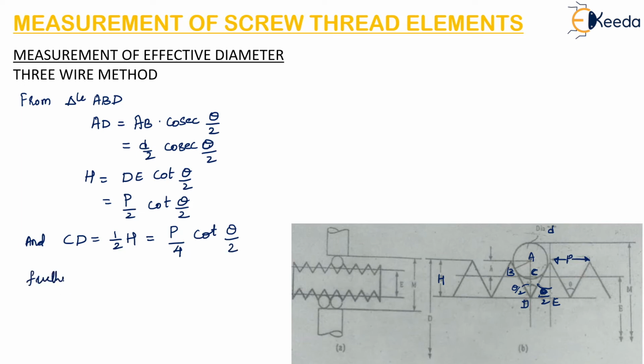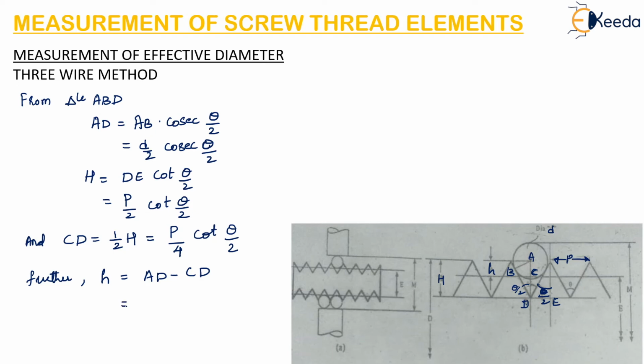Furthermore, the small h is AD minus CD. So the value of small h is AD minus CD. It will give us the value of h, that is nothing but AC.